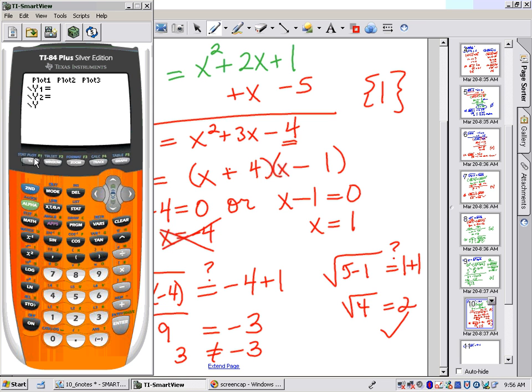I'm going to press y equals, and in y1 I'm going to put in the square root of 5 minus x, close parentheses, and enter. The other side of my equation was x plus 1. And then I'm going to graph.